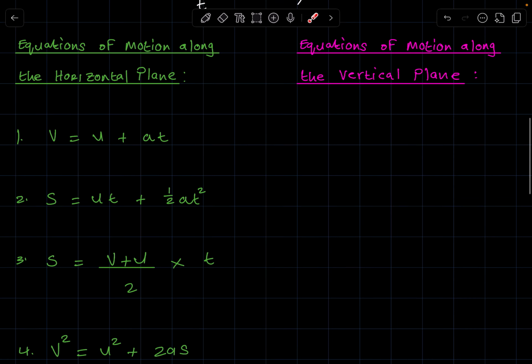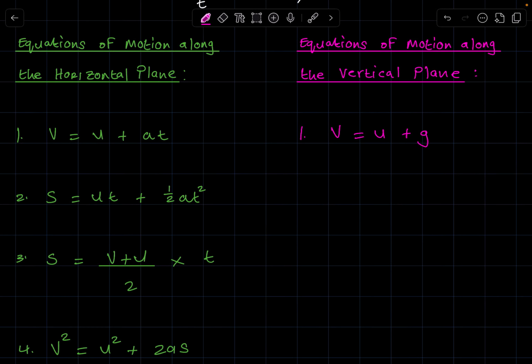So first of all, let's look at how you would express the first equation if the object is now moving along the vertical plane. So v remains v is equal to initial velocity u plus, now the acceleration when the object is moving along the vertical plane, we don't necessarily use acceleration, but we use gravitational acceleration, which is denoted as g.